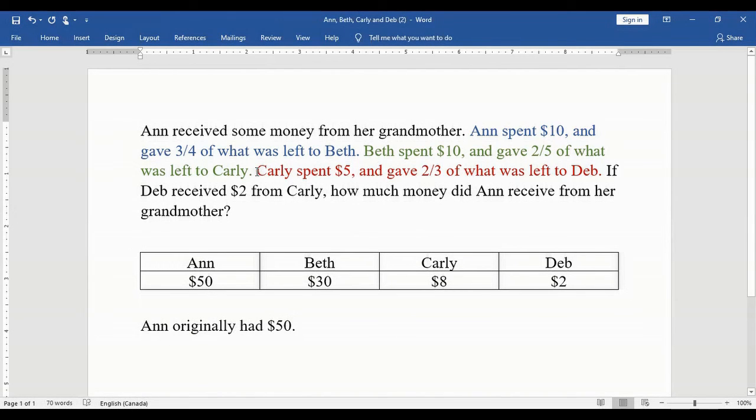Now for the red sentence. It says Carly spent $5 and gave 2/3 of what was left to Deb. 8 minus 5 is 3, and 2/3 of 3 is 2. And that is what Deb received. So our answer that Anne originally had $50 is correct.